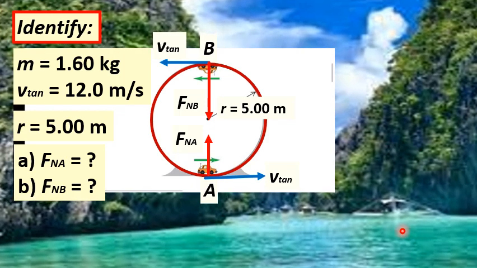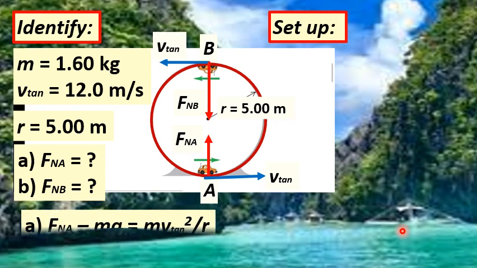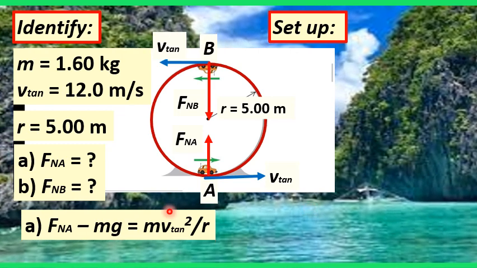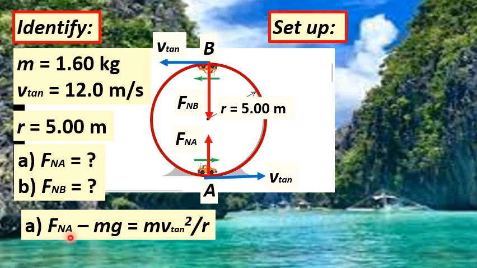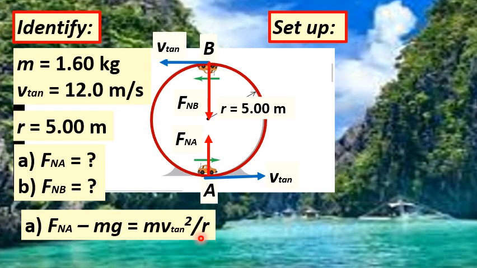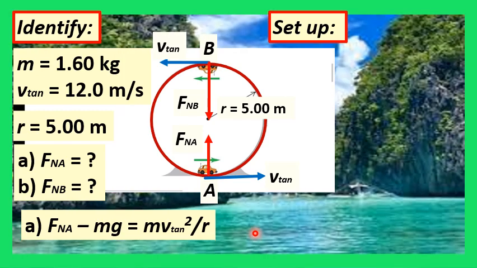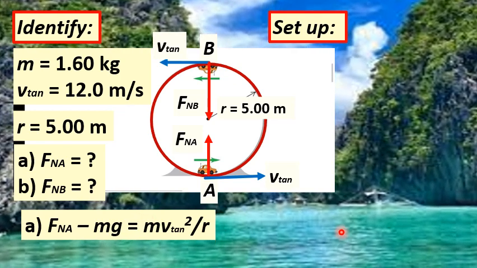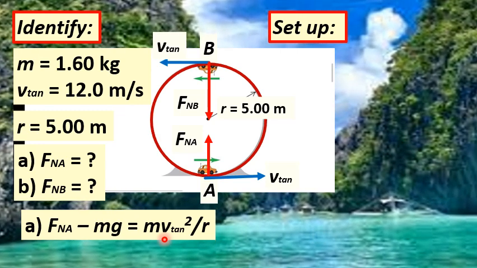Now, in solving for the normal force at point A, we're going to derive the equation for the normal force based on the concept of Newton's second law of motion, which states that the direction of the net force is in the same direction as the acceleration.